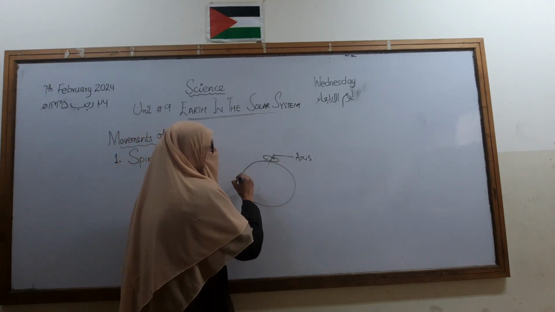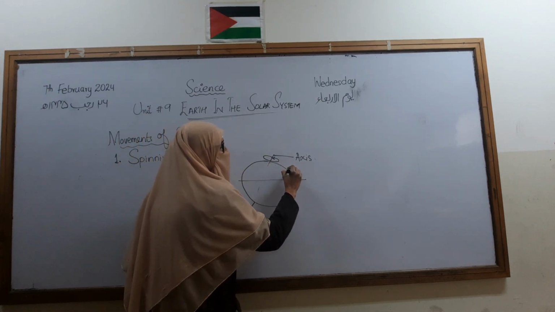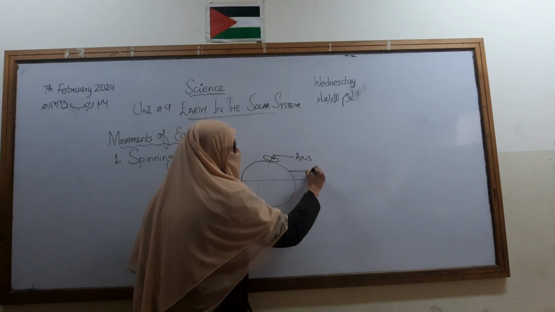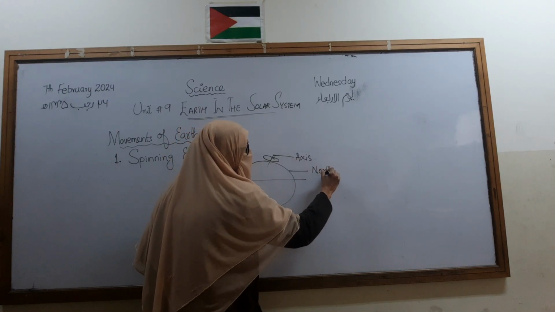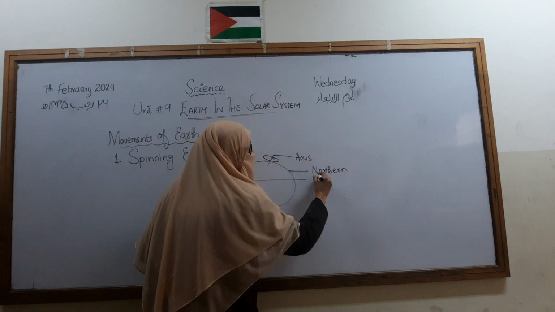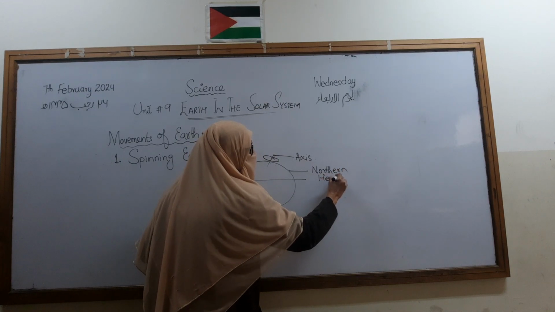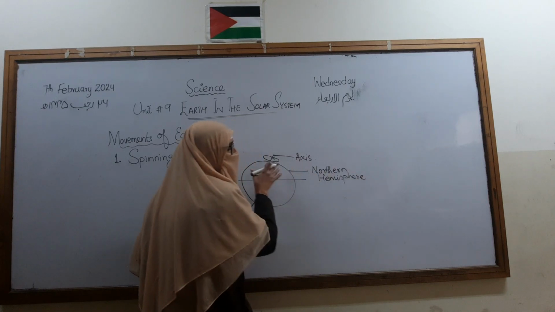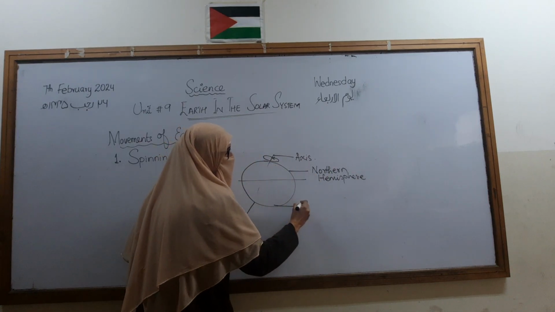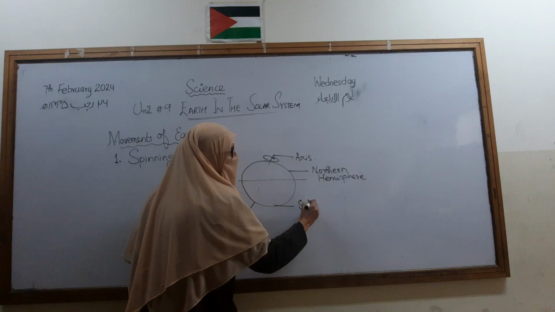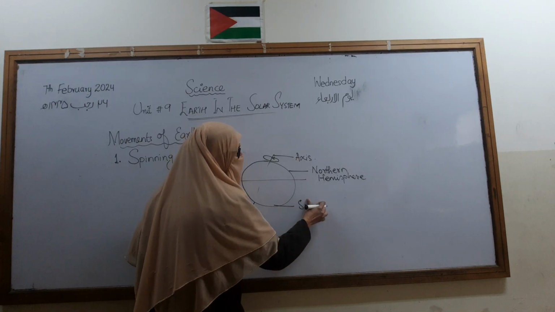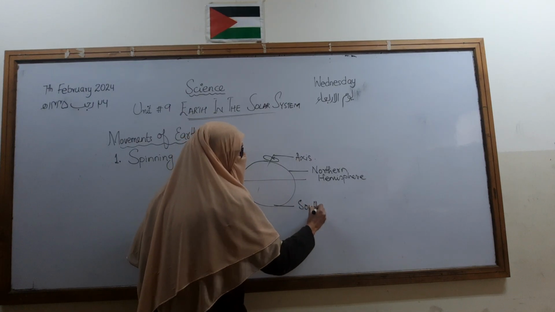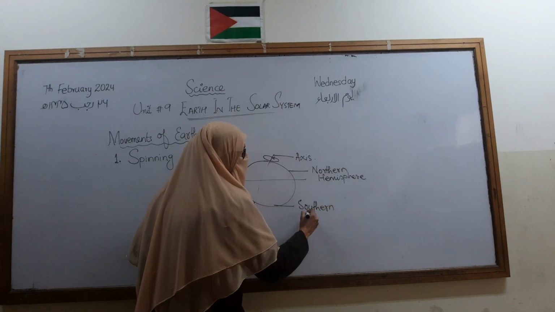It can divide the Earth into the northern hemisphere, and the second part is called the southern hemisphere.